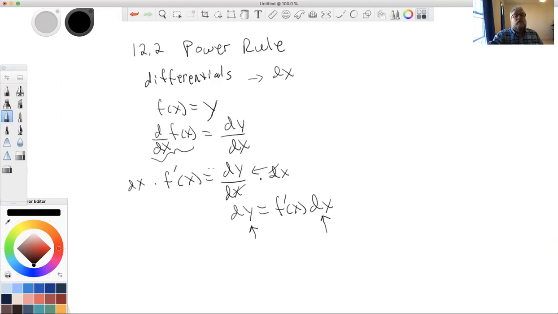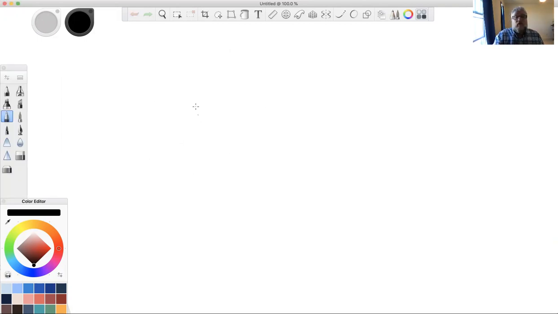So for example, let me clear the screen. If y equals 4x squared plus 6, let's say, and I want to take the derivative of both sides. If I differentiate it, dy is going to become the derivative of this times dx, because that's what we had, right?